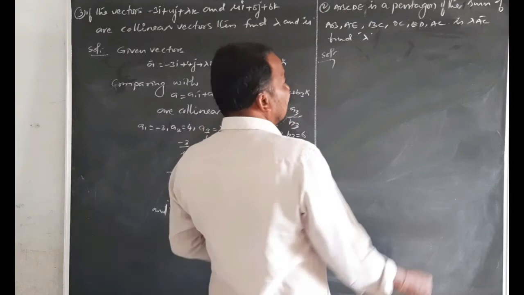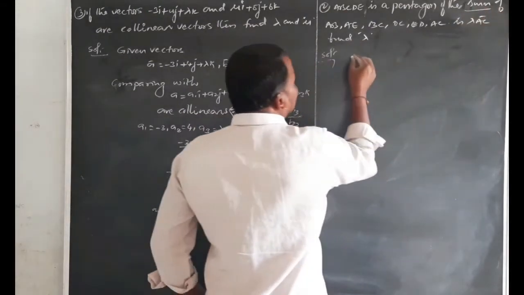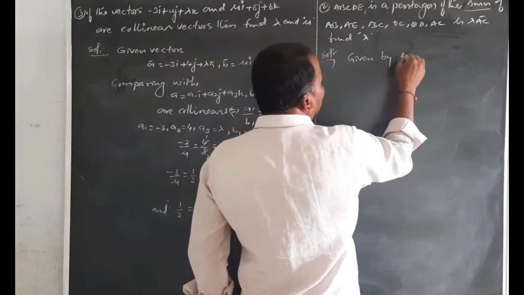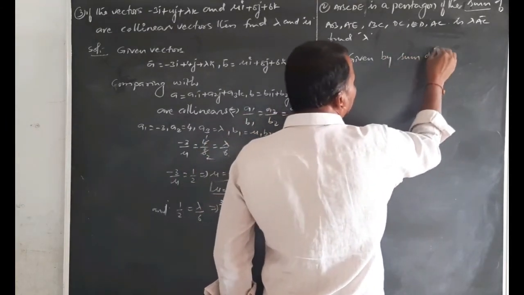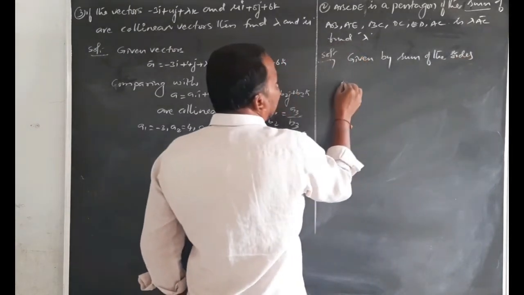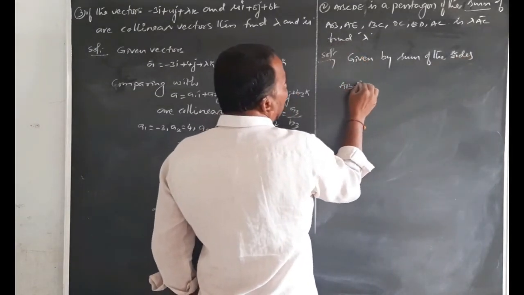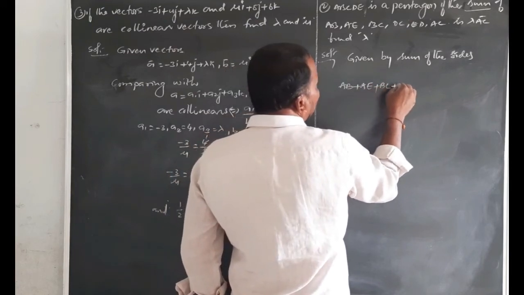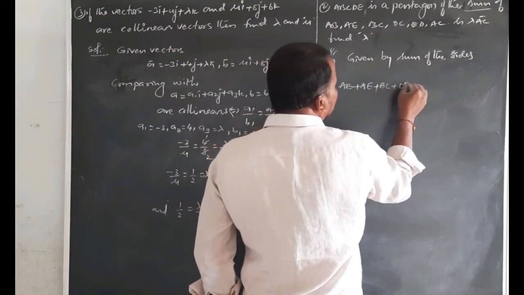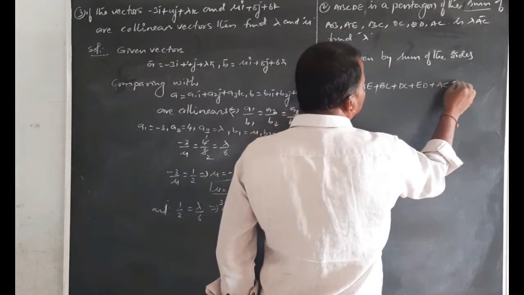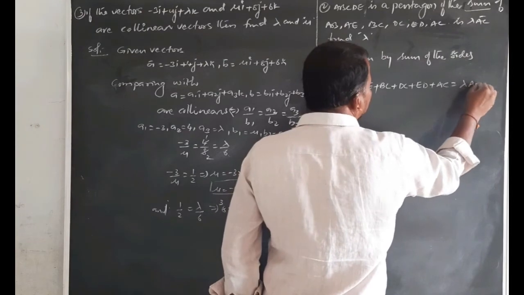Given the sum of the sides AB plus AE plus BC plus DC plus ED plus AC equals lambda AC.